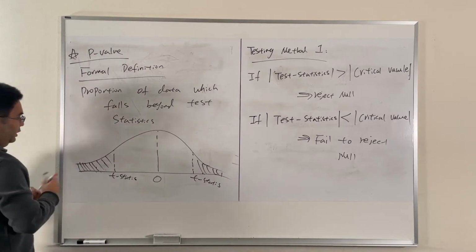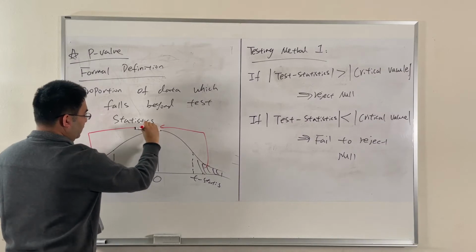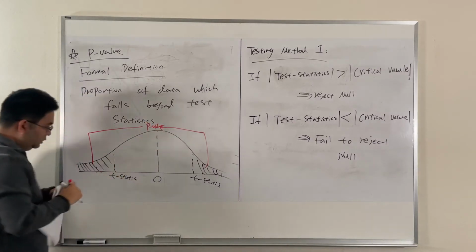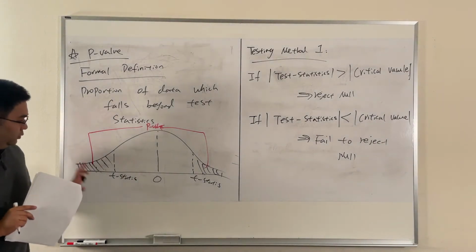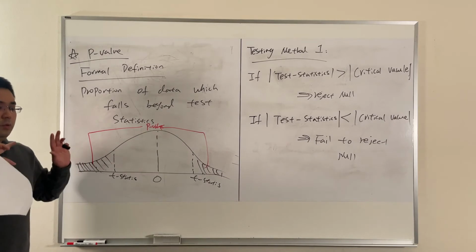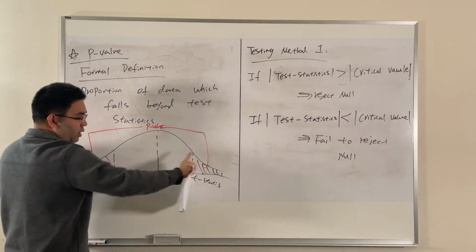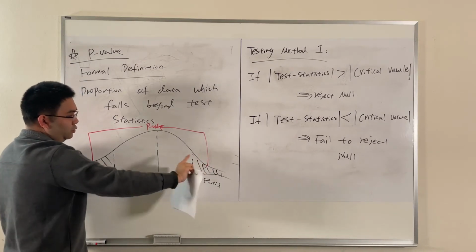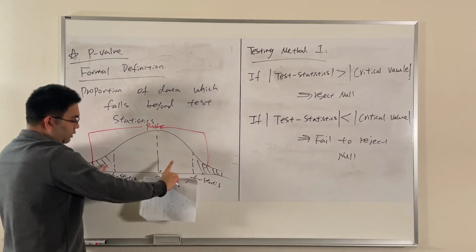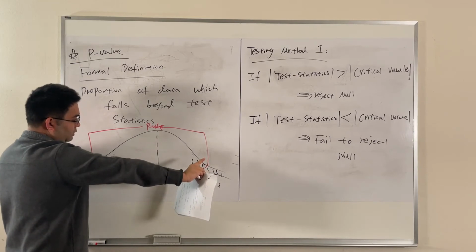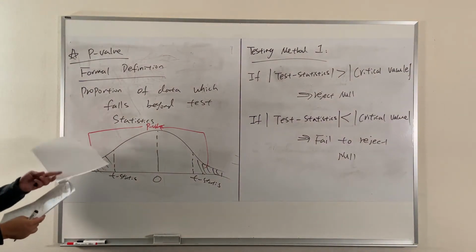So these two areas, they add up to your p-value. Okay, so this looks similar when we do it with the critical value, but the critical value, if you have two critical values here, these two are rejection regions and they sum up to your alpha, your significance level. But when you have your t-statistics, all the area outside this region sum up to your p-value. Okay. And that's the formal definition.